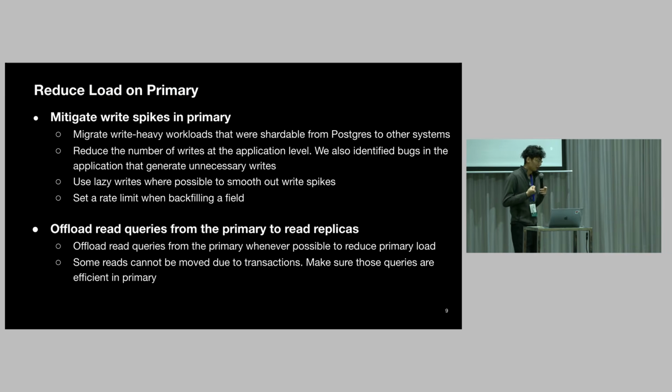They still need to stay in the primary because of transactions. Sometimes you have writes and reads in the same transaction, so in this case you cannot move these reads to the read replicas. But we make sure those read queries are very efficient in the primary, so we don't have expensive read queries in this case.